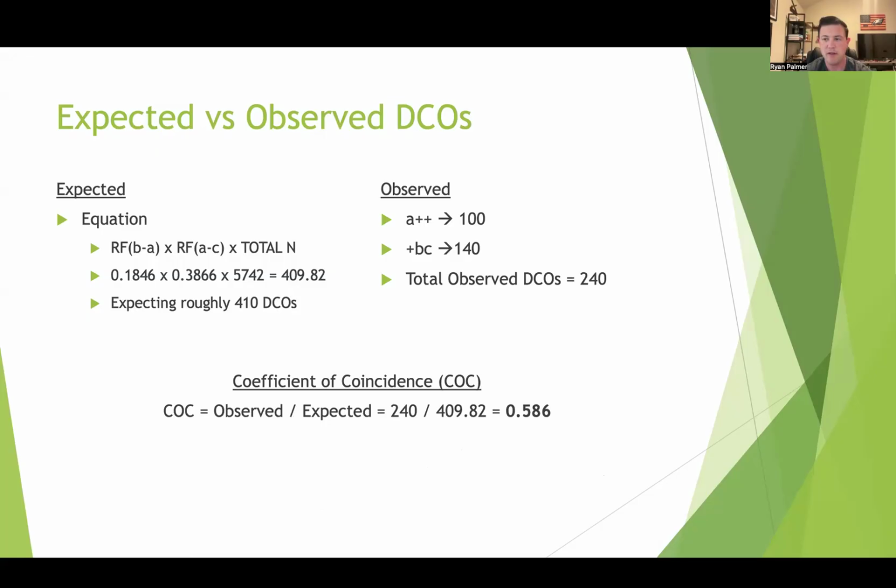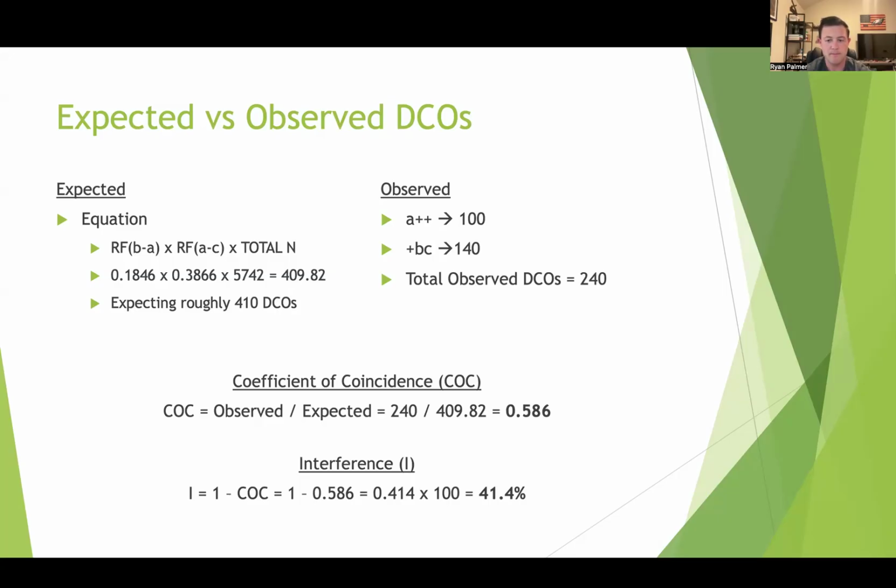We have a 0.586. Using this COC, we can now find our interference. So interference is simply 1 minus 0.586 being our coefficient of coincidence. We've got 0.414 resulting. Multiply that by 100, and now we have our interference percentage.